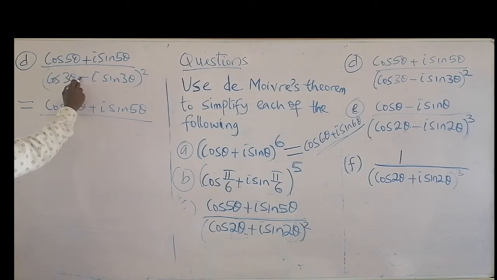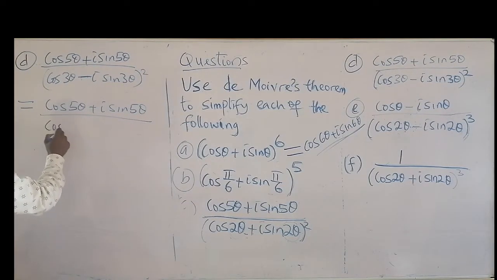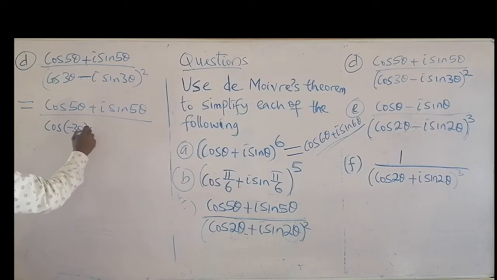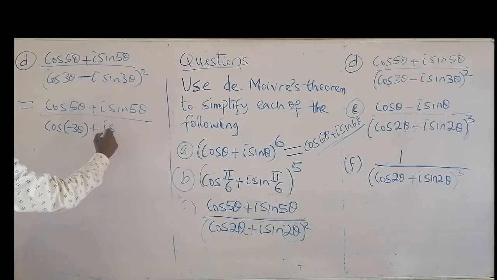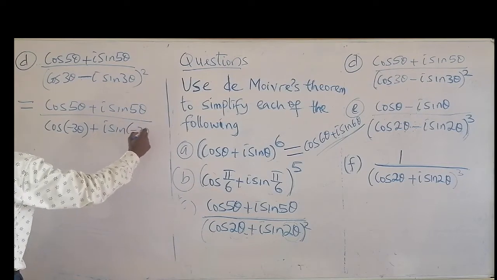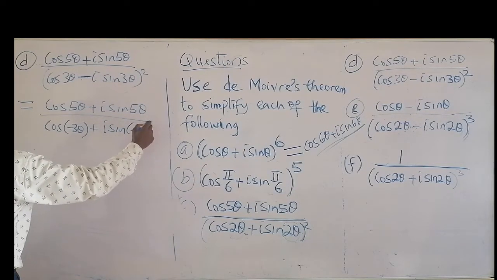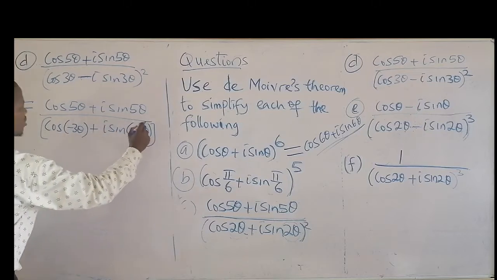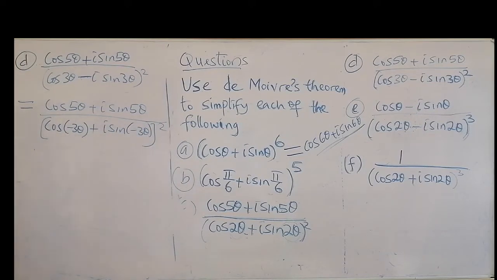This must be positive. And so we now have cos minus 3 theta plus i sine minus 3 theta. Then we can close that to power 2.